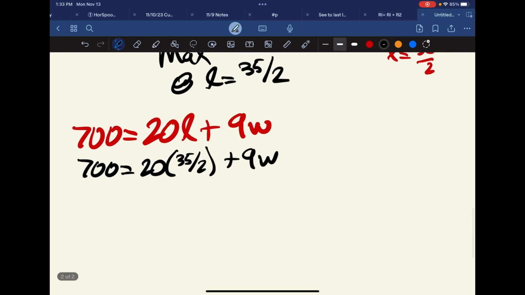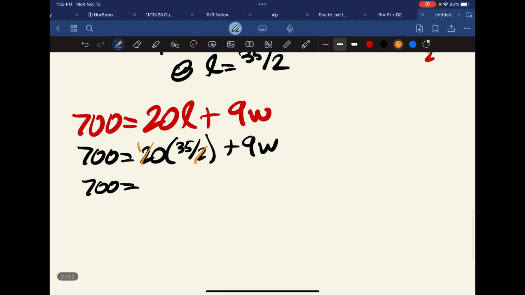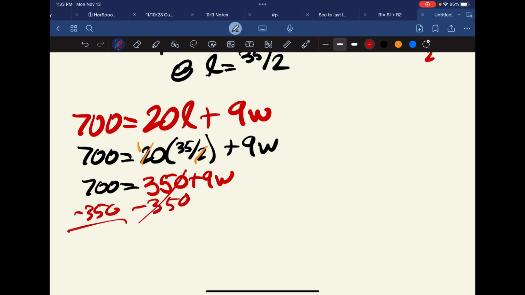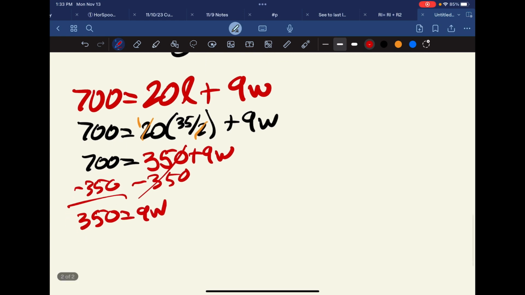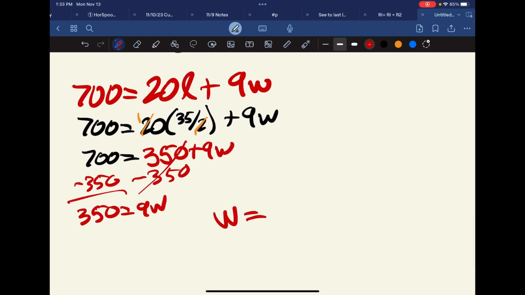And our goal is going to be now to solve for W. So 700 equals, this 2 becomes 1, cancels with this 2. So that's going to be 350 plus 9W. Minus 350, minus 350, it's going to give us 350 equals 9W. So W is going to equal 350 divided by 9.